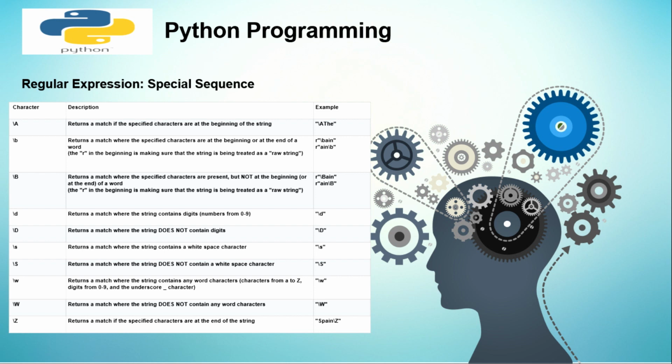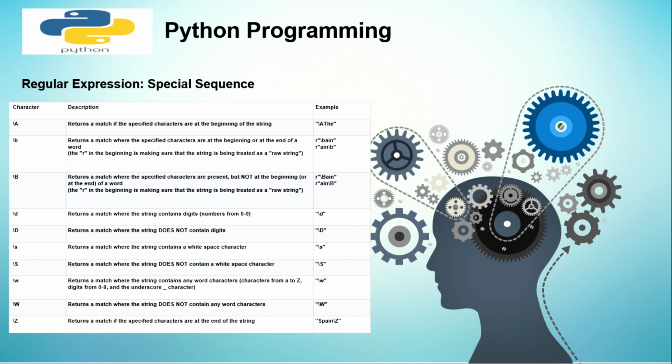Now the capital D. We even saw an example for the digit, the small d, not the capital D. The capital D returns a match when the string does not contain a digit. The small d gives the digit, the capital D does not contain a digit. Small s and capital S: the small s returns a match when there is a white space character, and the capital S, as we all know, returns a match when there is no white space character.